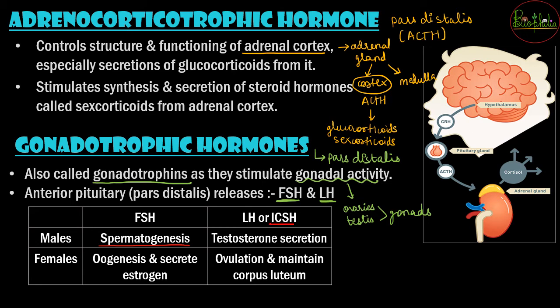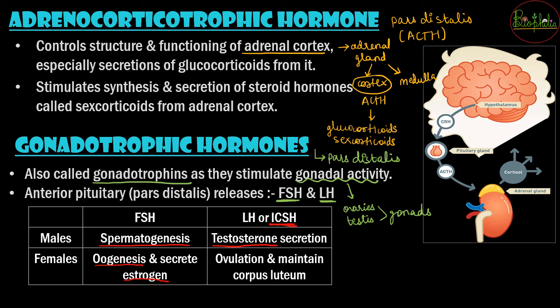So you can write down the full form of ICSH, that is interstitial cell stimulating hormone, which is going to be allowing the testosterone secretion, whereas in females FSH, that is follicle stimulating hormone, will be functioning under oogenesis, that is formation of ova, and also release of hormone that is called as estrogen.